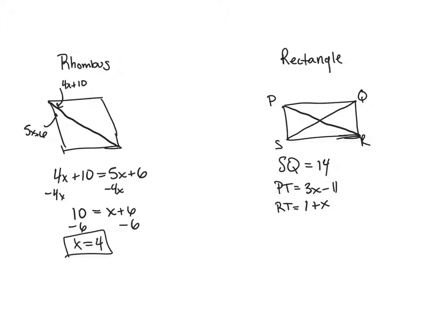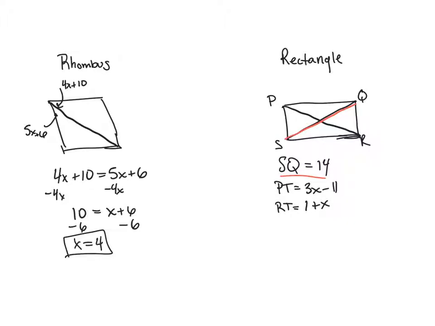Right? So you look at that. The other thing you can look at, we'll do one more example. This time we're looking at a rectangle. And so the one thing I'm looking for with a rectangle is that my diagonals are congruent. So they tell me that SQ is 14, right? So SQ here, that's 14.